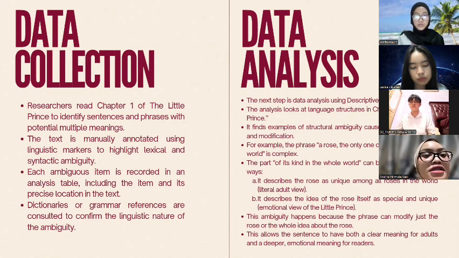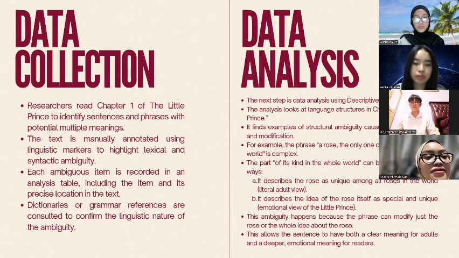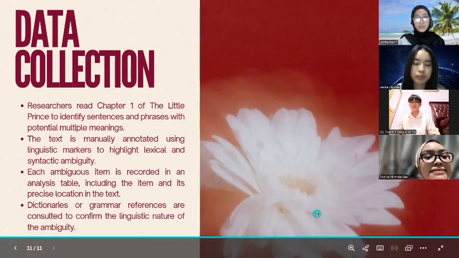The first describes the rose as unique among all roses in the world. So the second describes the idea of the rose itself as special and unique in the emotional view of the Little Prince. So this ambiguity happens because the phrase can modify just the rose or the whole idea about the rose. So the last, this allows the sentence to have both a clear meaning for adults and a deeper emotional meaning for readers.